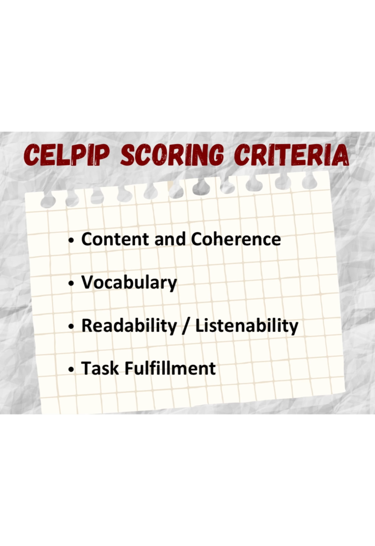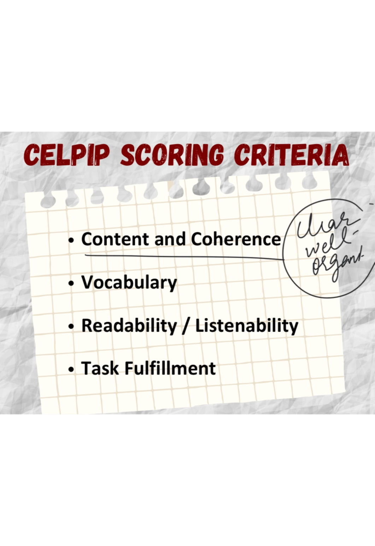Now finally, let's understand how you are going to be scored. There are 4 main criteria. First is content and coherence. Are your ideas clear and well organized? These are the 2 things that are the most important in all the sections of speaking and writing.